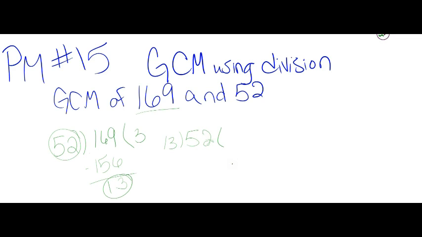Well, 13 is very close to 10, but we are close enough that I don't think we can go all the way to 5, because 5 times 10 is 50, but we have that other 3 in there, so I'm going to start with 4. 3 times 4 is 12, carry your 1, and 5, and so now we get our 0. So what that means, as we divided and got our 0, is that 13 is our greatest common measure.